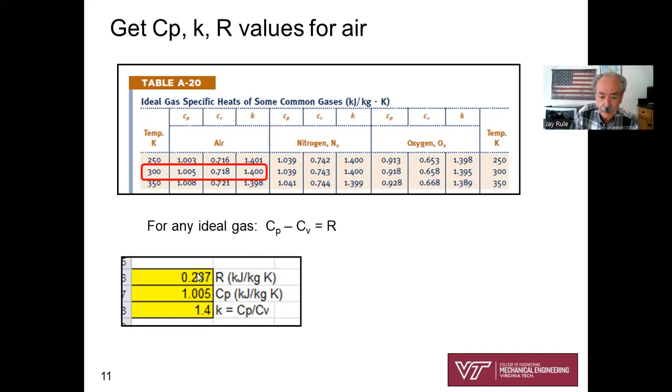There's two ways to get R. One is R bar over the molecular weight. That's going to work if you want to do it that way. Or you remember the identity for an ideal gas, Cp minus Cv is equal to R. So you can take 1.005 minus 0.718 to also get 0.287. That's R for air.